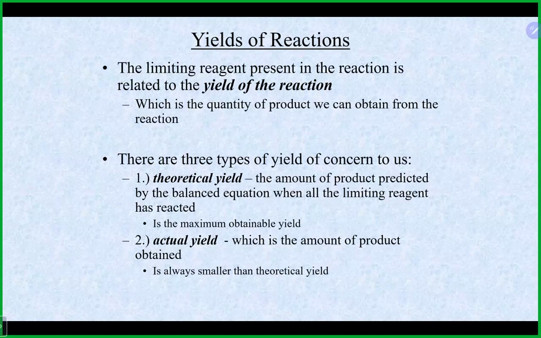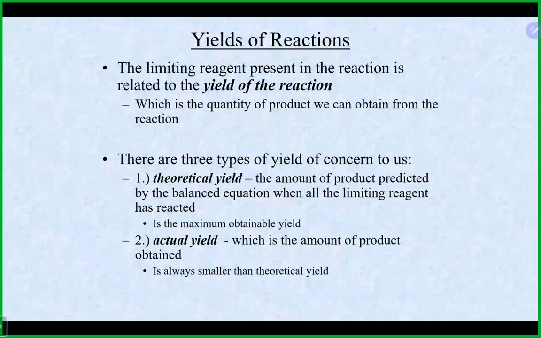In theory, if everything went perfectly, with no side reactions, you didn't drop anything, and you didn't leave some product on your beaker or on your glass stirring rod, you will have your theoretical yield. It is the maximum amount of yield that you should get in this reaction if everything went perfectly.